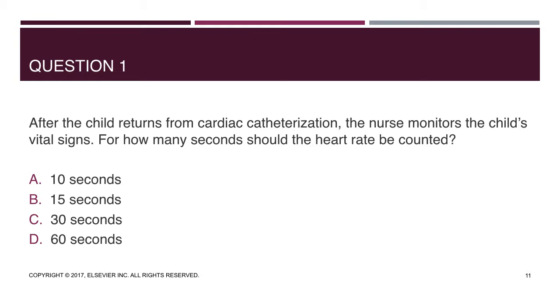Not to mention that, say we are giving this child or adult digoxin, that's another drug that affects the contractility of the heart, and so we're going to listen to that heart rate for a full minute as well.